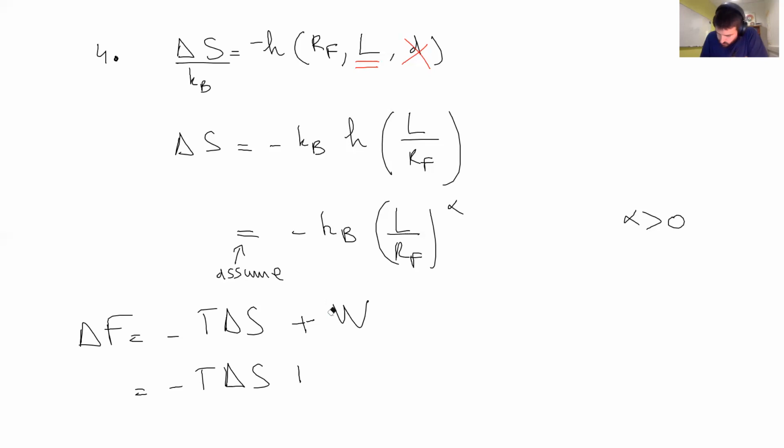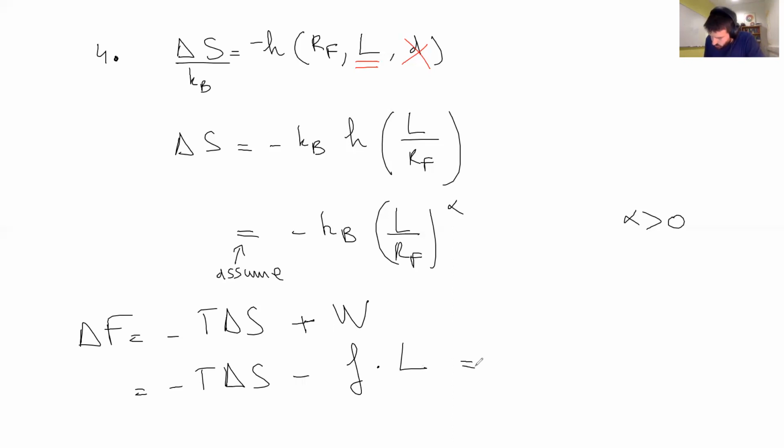This is macroscopic. I want to keep macroscopic variation here. The work, we already wrote it. Oh no, we didn't write it, sorry, but I will do it now. I will say it's basically simply force times elongation. That's the typical mechanical work if I'm pulling on an elastic material.